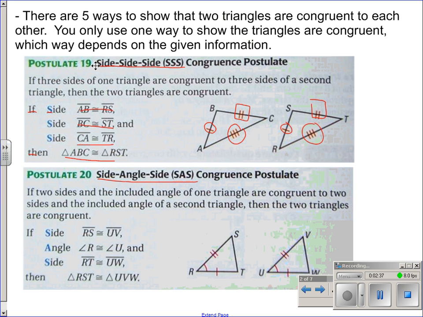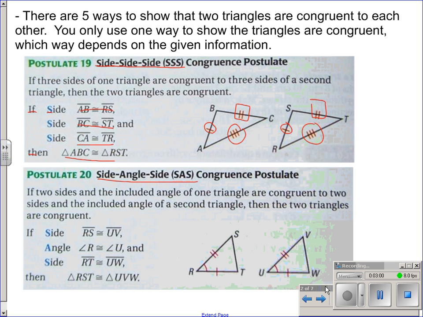This bottom one, postulate number 20, is a different way. It's called side-angle-side. If you have 2 triangles with 2 pairs of corresponding sides congruent and the angle between those 2 pairs of sides congruent, then you have congruent triangles.